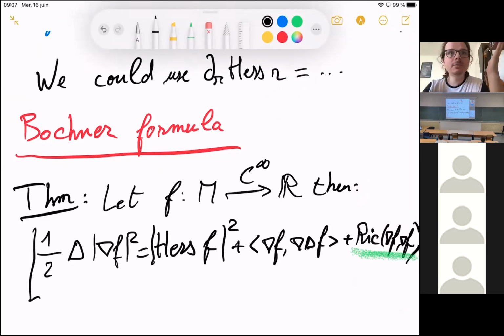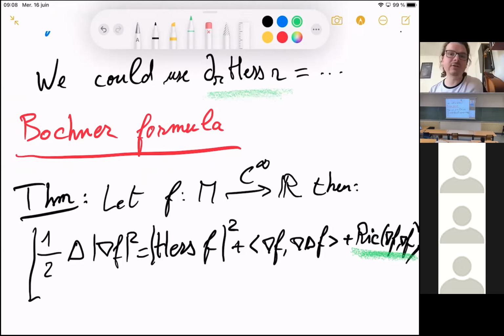So what does it give us? You can use that for a lot of stuff, like eigenvalue estimates. Compared to the fundamental equation that we dealt with yesterday, which was only for the distance function, this Bochner formula applies to any function.